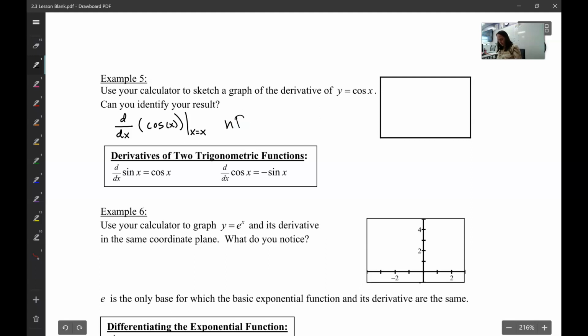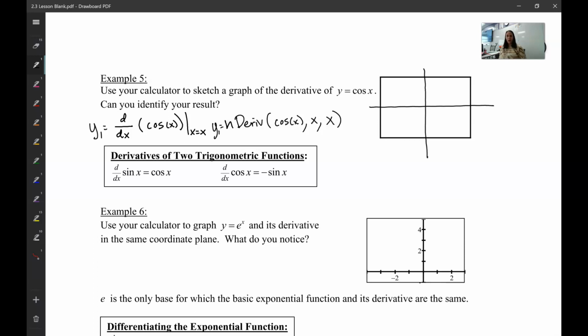Should be capital D. You're going to put your equation, comma, the variable you're differentiating in, comma, and then the number you want to differentiate at, which we just want x. So we should type this into y1 and then graph and see what you get. So I want you to pause the video, type that into your calculator, and then copy down what you get.